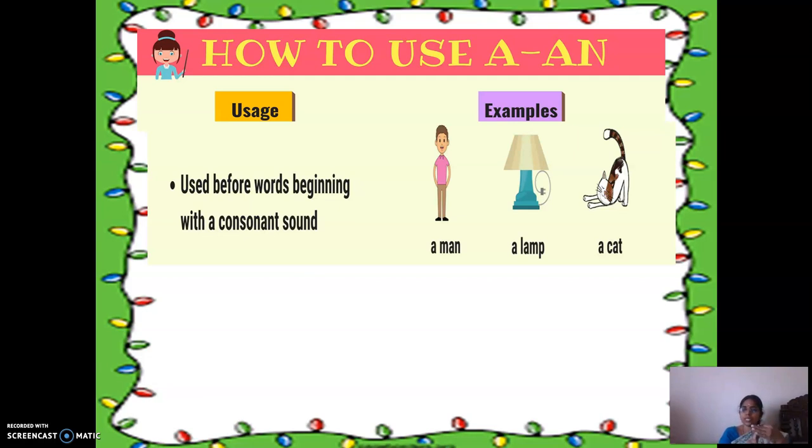B, C, D, F, G, H, J, K, L, M, N, P, Q, R, S, T, then V, W, X, Y, Z, all are consonants. Very good. So, consonant sound. A man, a lamb, a cat. All these are example of usage of what? Consonant sound.